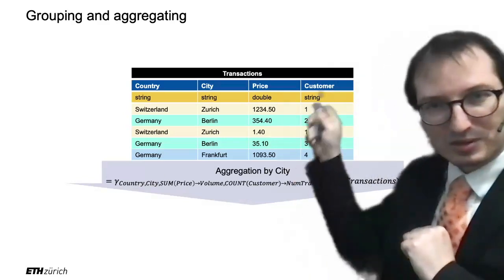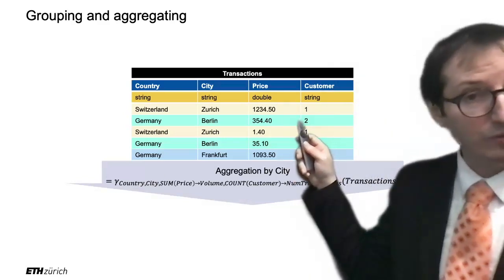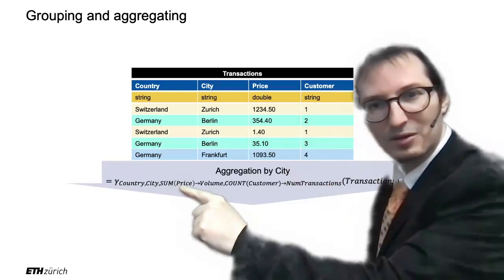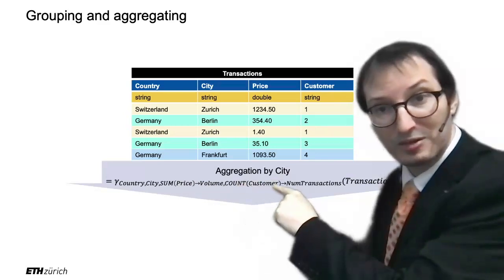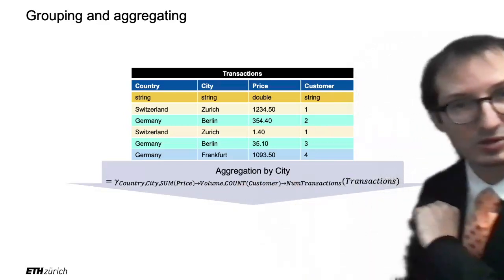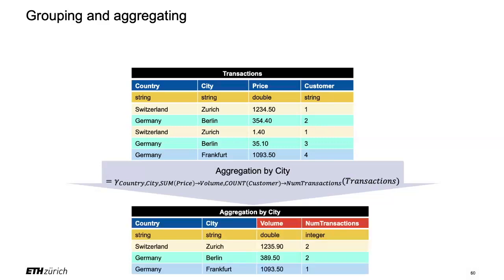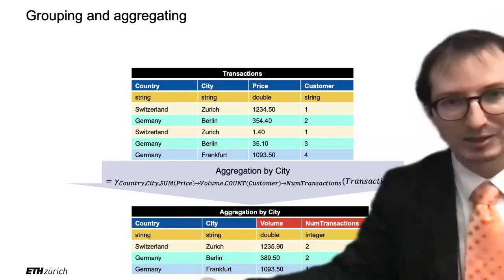For the other columns that I don't group on, I can specify aggregates, aggregation functions. So for price, I'm saying that the sum of the price will give me a column called volume, and the count of the customer will give me a column called num transactions. What I get out of this gamma call, mathematically, is this. I have again country and city, but now you see there's no longer any duplicates.